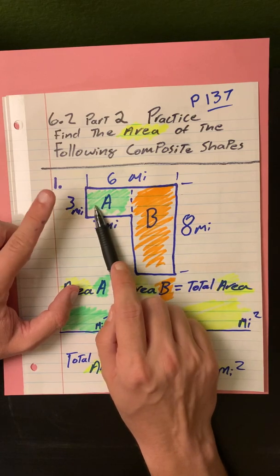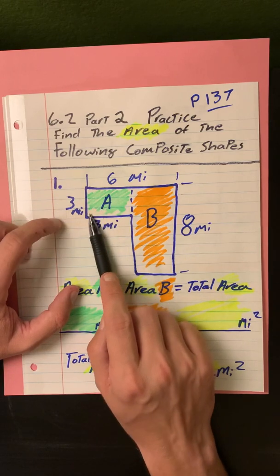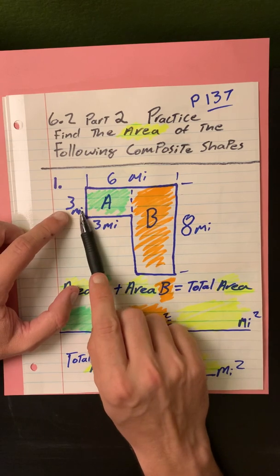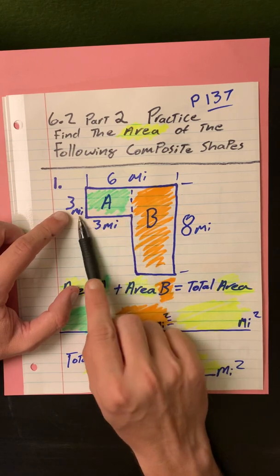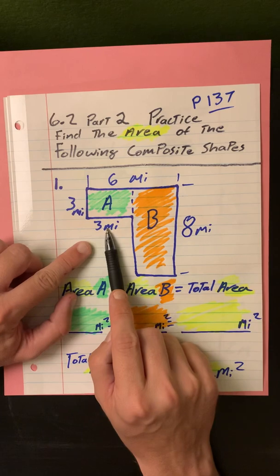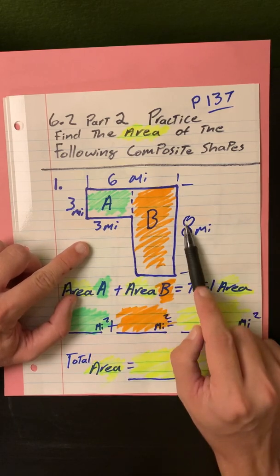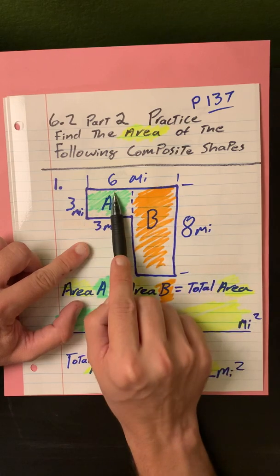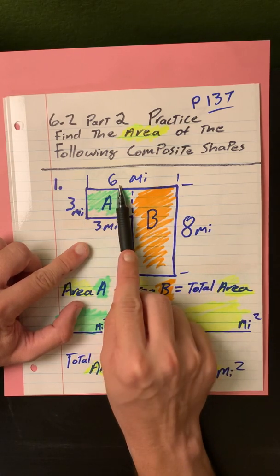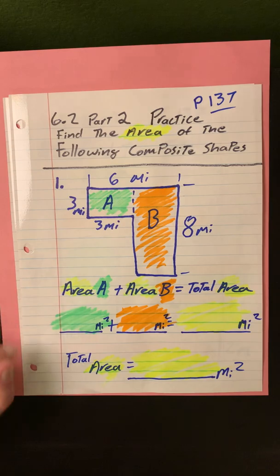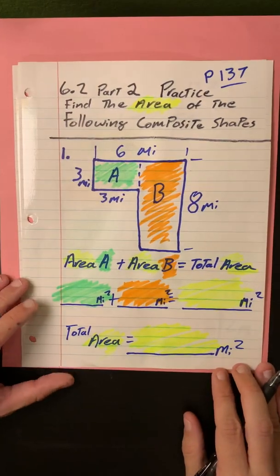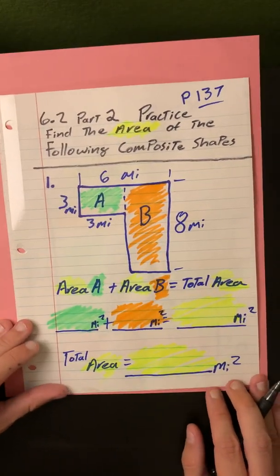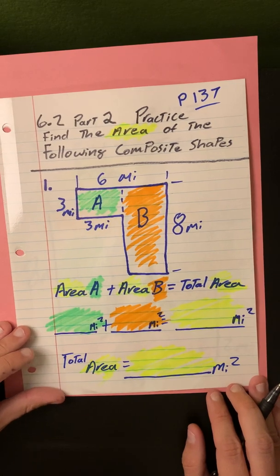It's not broken up in your book if I can remember correctly, but we have this section here, which is 3 by 3, and this section, which is 8 by 6, but you need to take away that A. So I'm going to do this one. The next one I'll have you do. If you want to pause the video, you can pause it now.